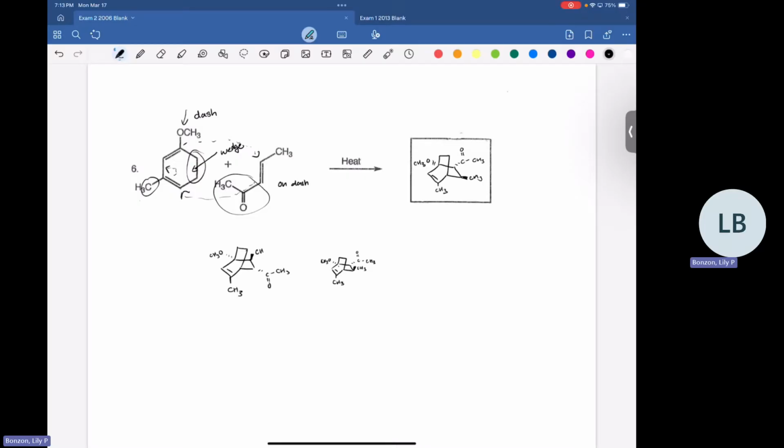I can't remember if you'd get points off the other way, but I would strongly suggest doing it like this. If it was both of that same ketone group, then it wouldn't matter. But there's just a difference in this one. The endo rule is the dash thing, yeah, for the dienophile groups.